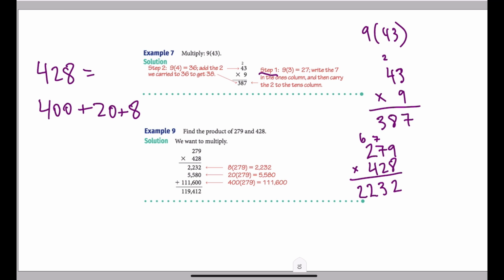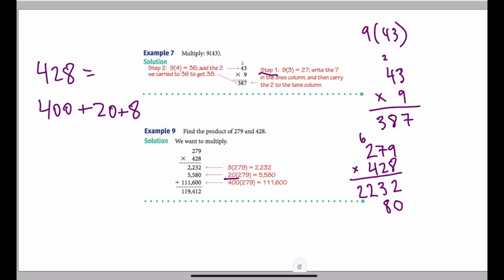Now I'm going to multiply the 2 times 279, but I have to remember it's not just 2, it's really 20, because the 2 is in the tens place, it's 28. So every time I move left a place value in one of the factors, I have to add a 0 in its product to represent that I'm not multiplying 2 times 9, I'm multiplying 20 times 9.